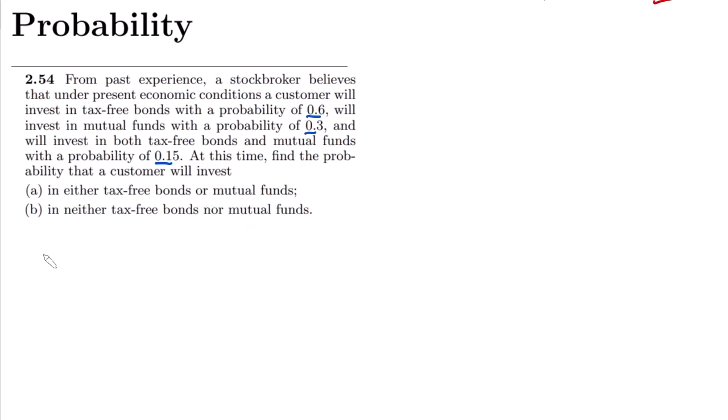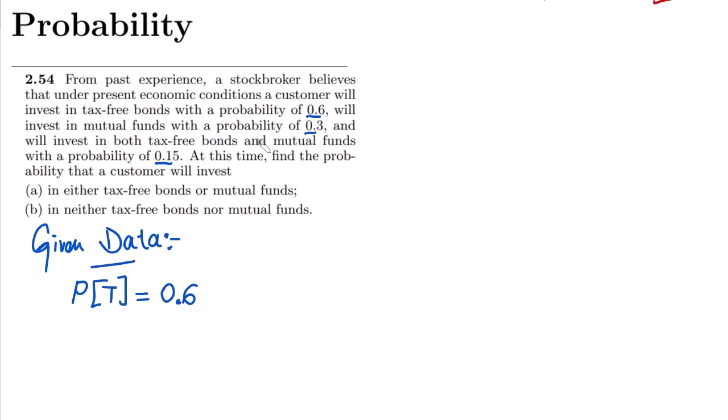Okay, so first of all, what do we have to do? We have to write the given data, and we have to comprehend the data which is available here. So the customer will invest in tax-free bonds. Let me write tax-free bonds as T. The probability of investing in tax-free bonds is 0.6.